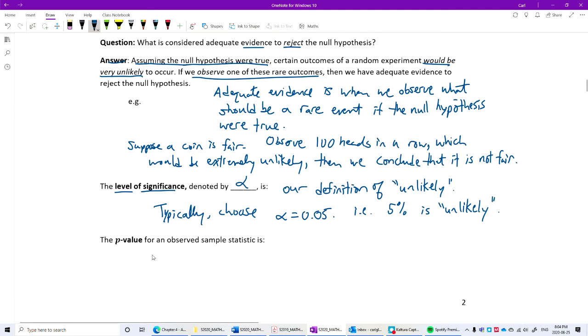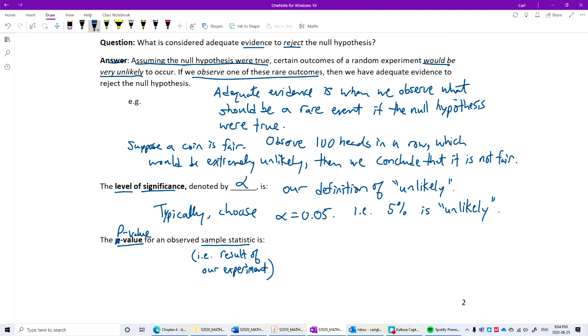Okay, now the P-value. Actually this should be a capital P, so let me change that to a capital P. The P-value for an observed sample statistic. Let me just clarify: an observed sample statistic is the result of our sample, the result of our experiment.